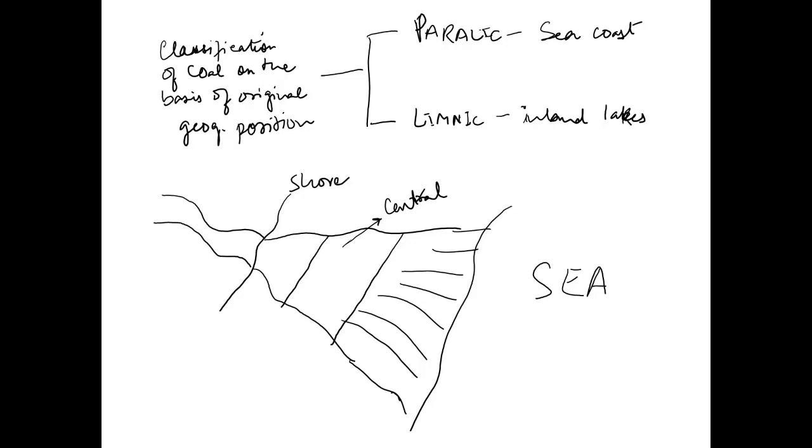Now at present, mangrove forests are the typical vegetation of the coastal margins of the delta in the tropics. So you all must be knowing about the mangrove vegetation.